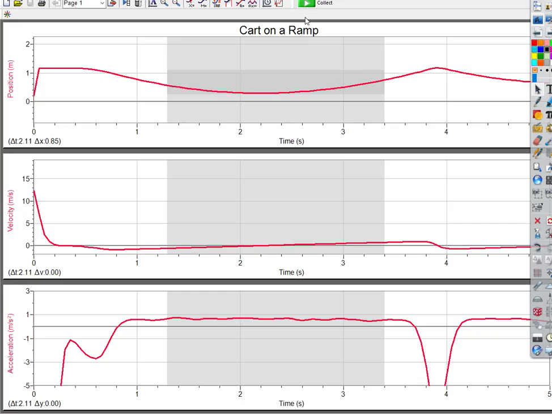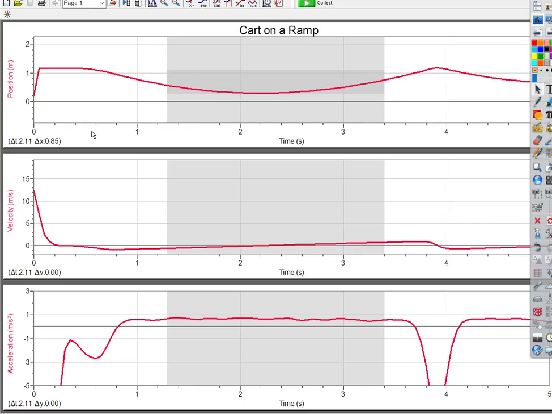Here's part two. In part two, we're going to get some bounces in there. So here's your data for part two. We want it to bounce 3 times, okay?